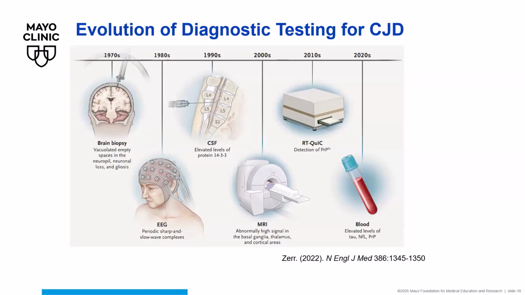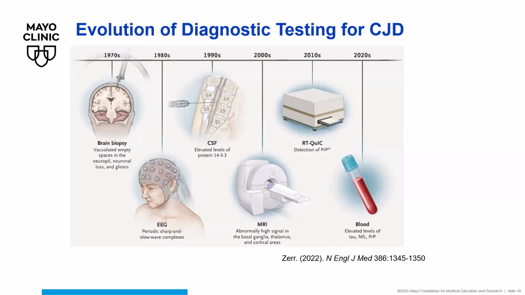And then in the 2000s MRI came along, and has subsequently evolved and is actually a critical component to working up these patients. In the early 2010s, the first RT-QuIC assays were developed and reported, demonstrating direct detection of the causative agent in CSF samples from patients with CJD.